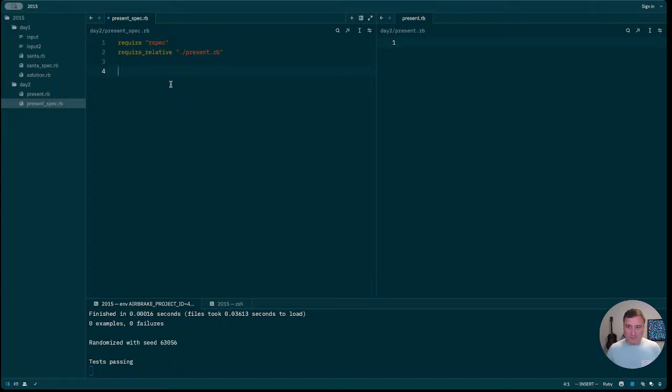Okay, so let's say describe our spec agent present do and save. And so we've got our present class. And so we're going to have a couple methods here. One, we're going to initialize it with a dimension, looks like a dimension string, so 2 by 3 by 4.